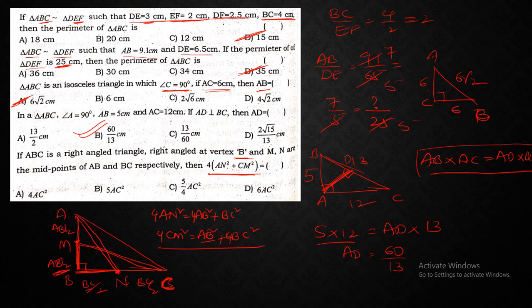Now on adding, this is nothing but my LHS. So this is my required value, which is equal to 5 times of AB square plus 5 times of BC square. Already from the figure, AB square plus BC square is nothing but AC square. So I can write this as 5 times of AC square. So the answer is 5 times of AC square.